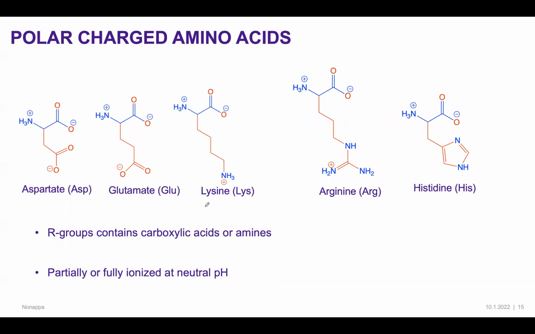If you look into polar amino acids, they have some additional functional groups such as carboxylic acid groups or amines. This makes them highly polar compared to simple uncharged amino acids such as serine, cysteine, or threonine.